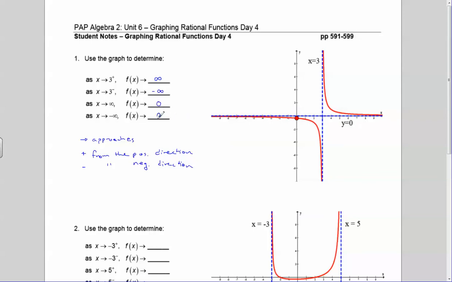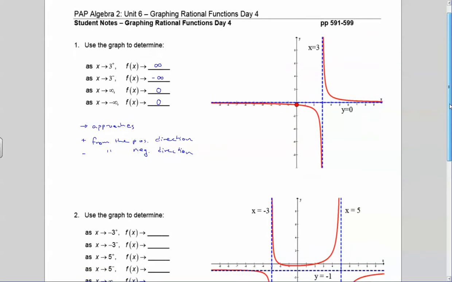So again, this is approaching 0. The value of the function approaches 0. And that's it on these ones. These are fairly easy if you can get the concept of looking for what is happening to your y values as x behaves in these different manners.